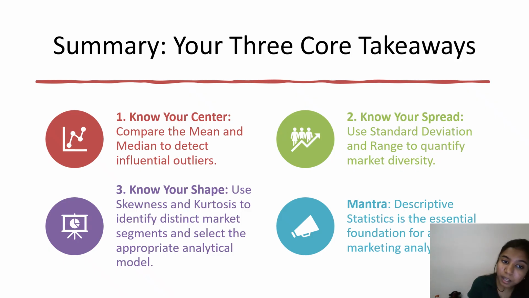And we have to make sure that we know our shape, like we'll use skewness and kurtosis to identify market segments and decide on appropriate analytical models. And descriptive statistics should be our first and foremost important step in any analytical journey.